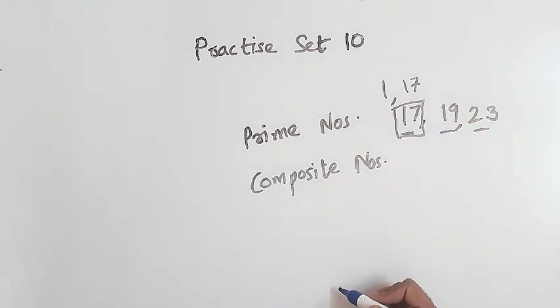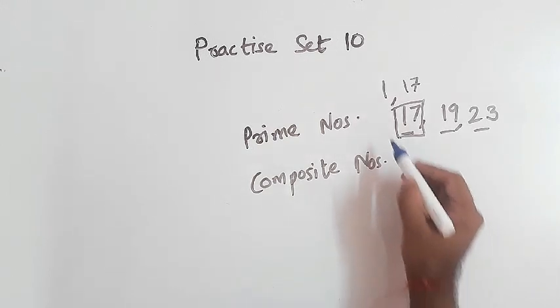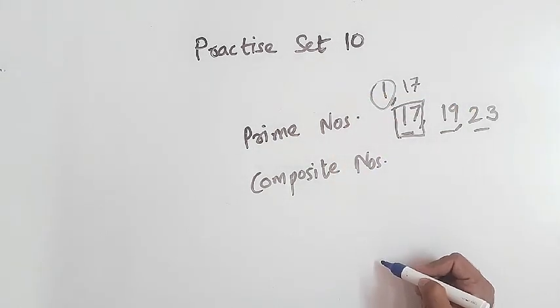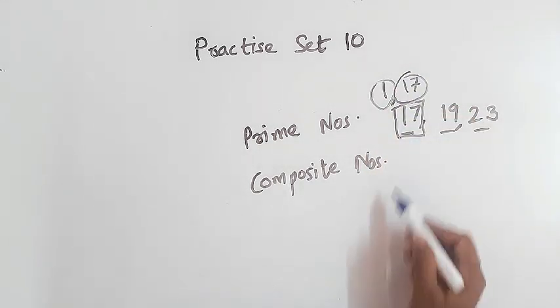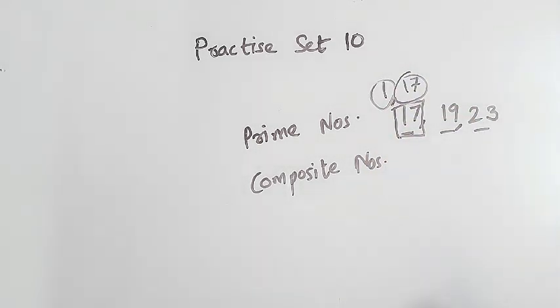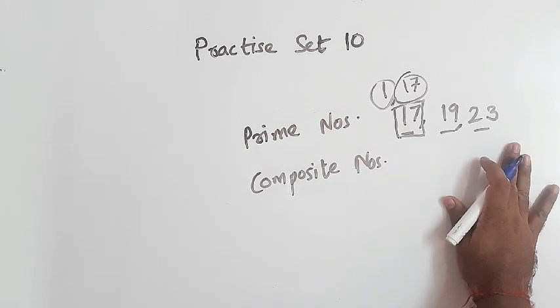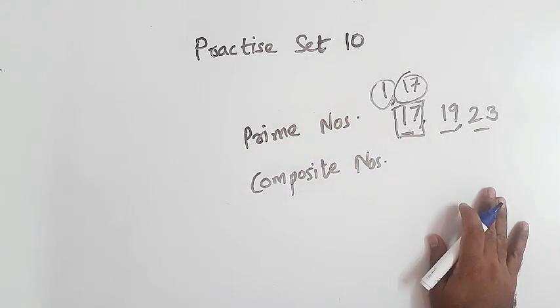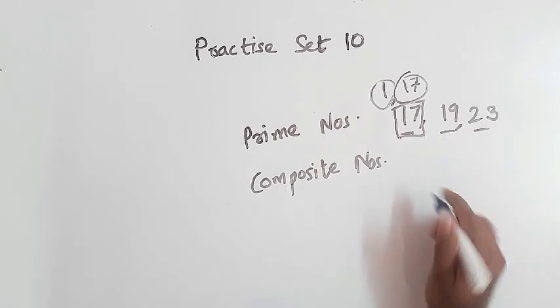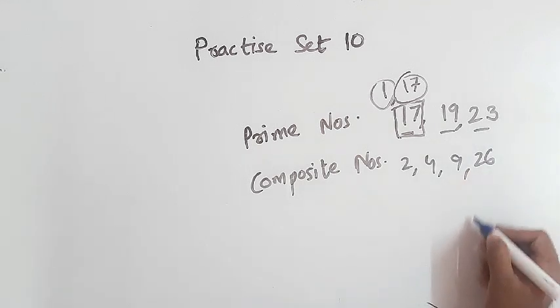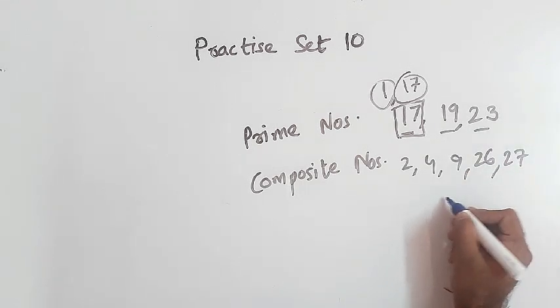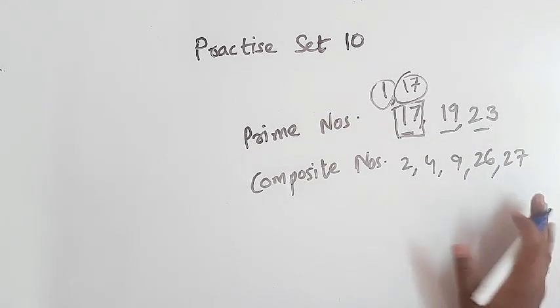Every number has to come in the table of 1, and it will also come in the table of itself. Such numbers are called prime numbers. Every other number is called a composite number, like 2, 4, 9, 26, 27. These are all composite numbers.